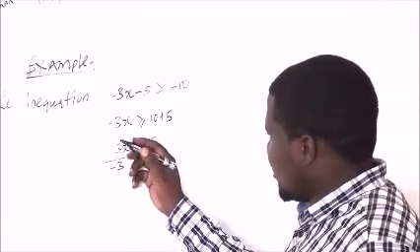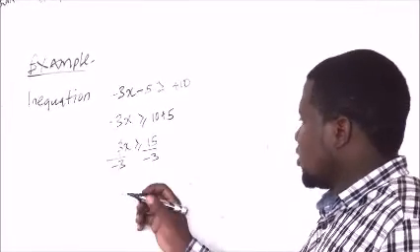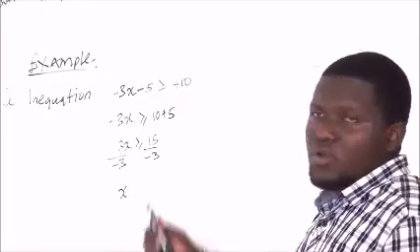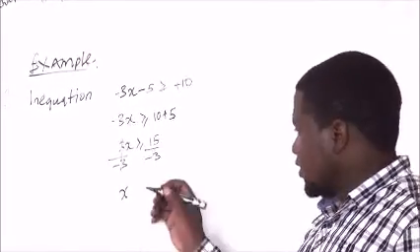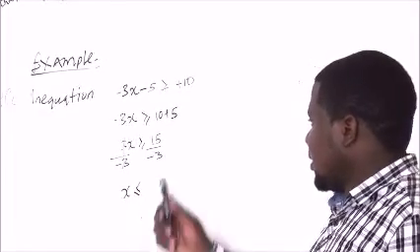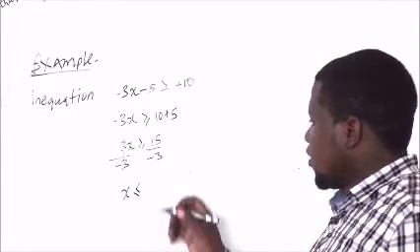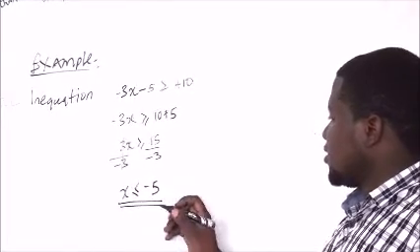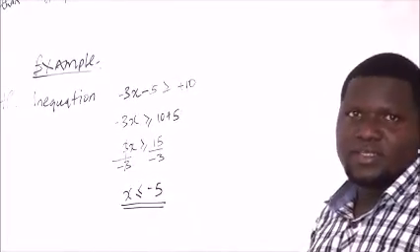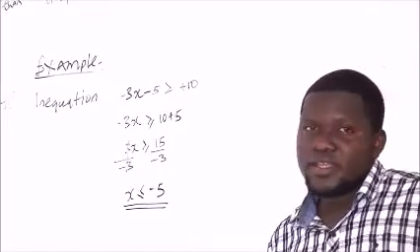When I divide by a negative, the result becomes a positive. The symbol must change from greater to less or equal to. And then how many times can 3 go into 15? It goes negative 5 times. So this is the final answer on the inequation part.